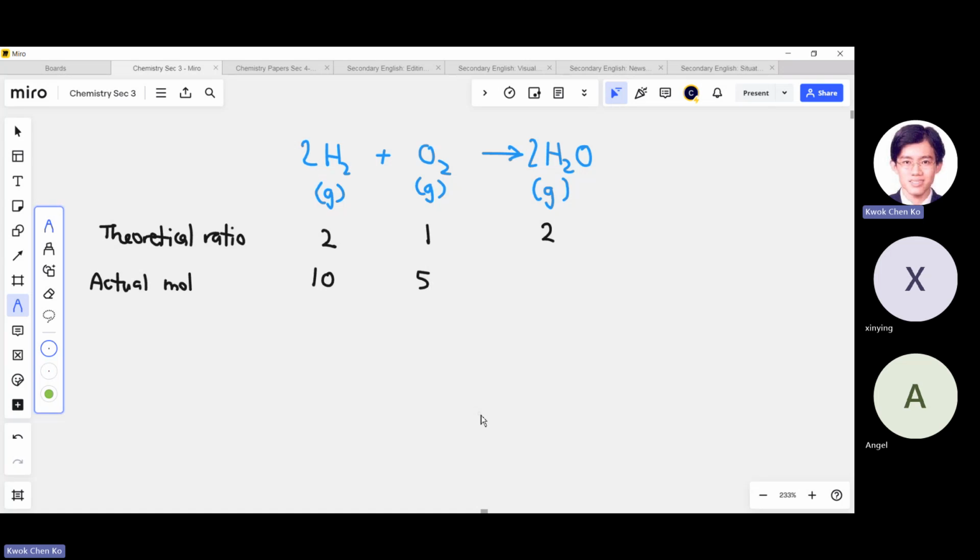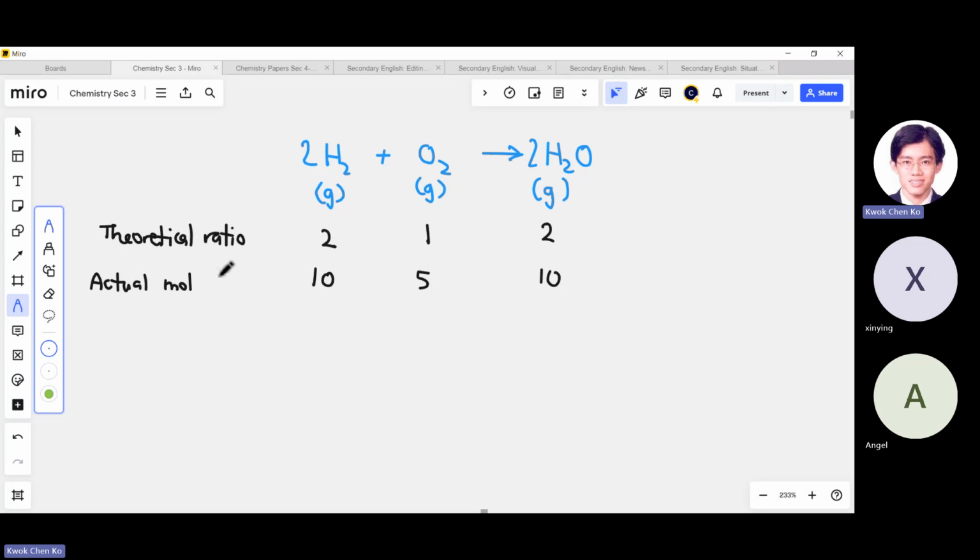How much water do you get in terms of moles? I hope everybody can see. I have 10 moles of H2 react with 5 moles of O2. I should get 10 moles of water. Perfect, right?